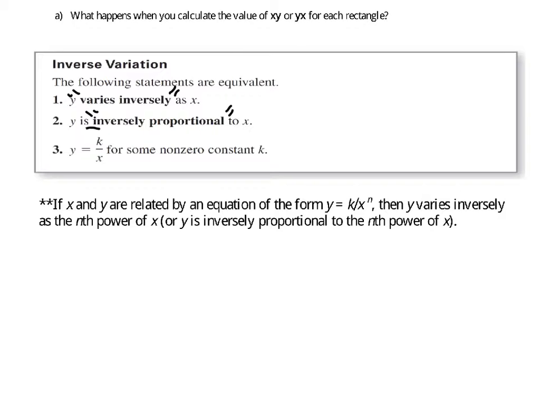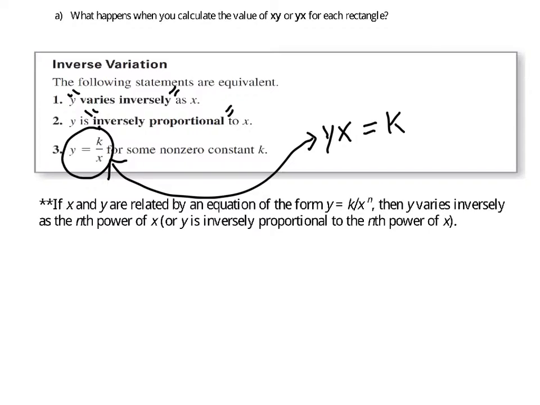Now the form of the equation is y equals k over x, where k is still our constant of proportionality. However, as I showed you in the example above, by multiplying both sides by x in this equation, you also end up with y times x equals k. So either of these two representations are the same thing.